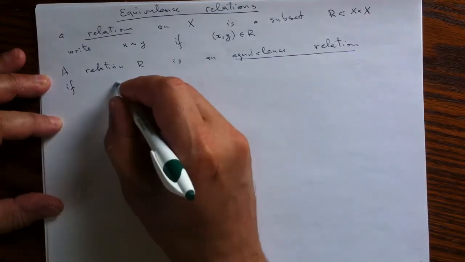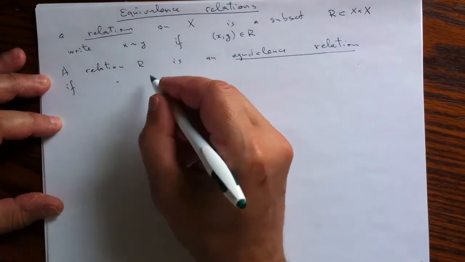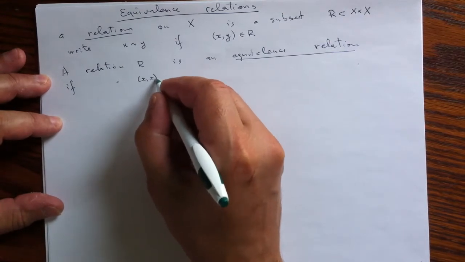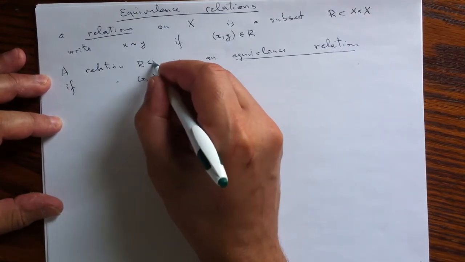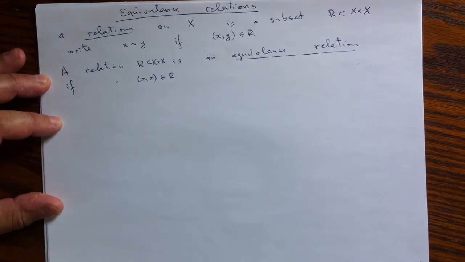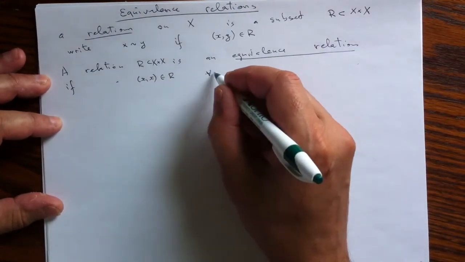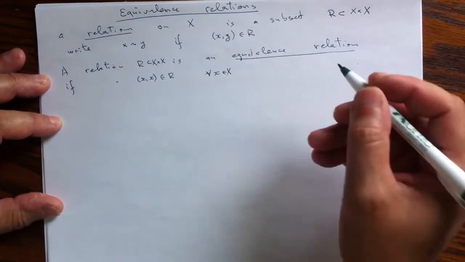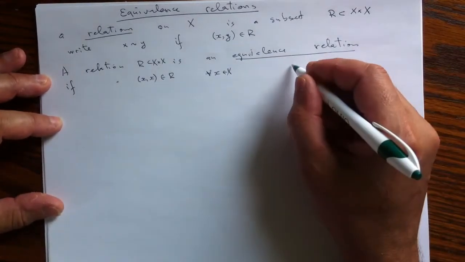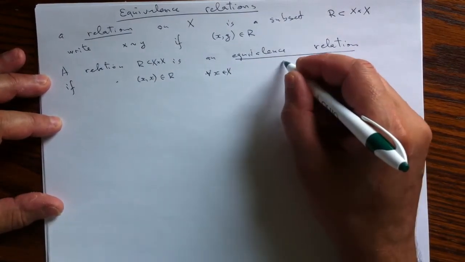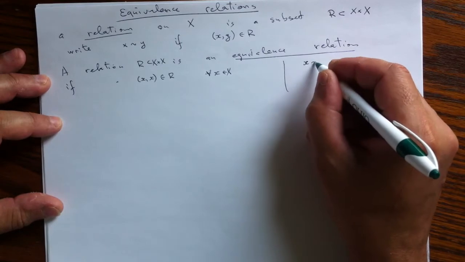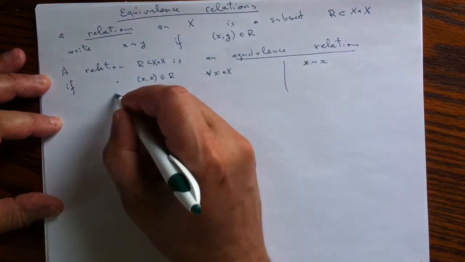The first one is that the pair (x, x) is inside the relation. So this is a relation on X, capital X, for any little element x. Well, in terms of this twiddle notation, it's just saying that any x is equivalent to itself.